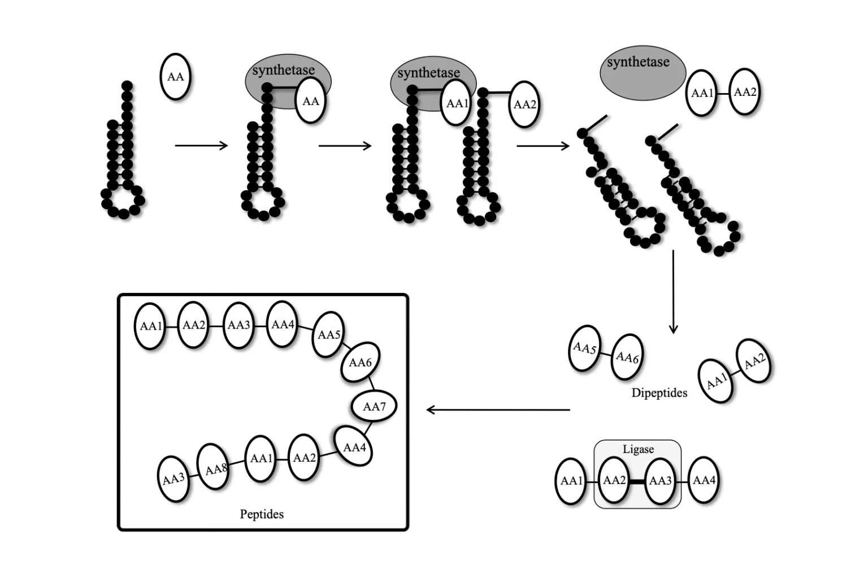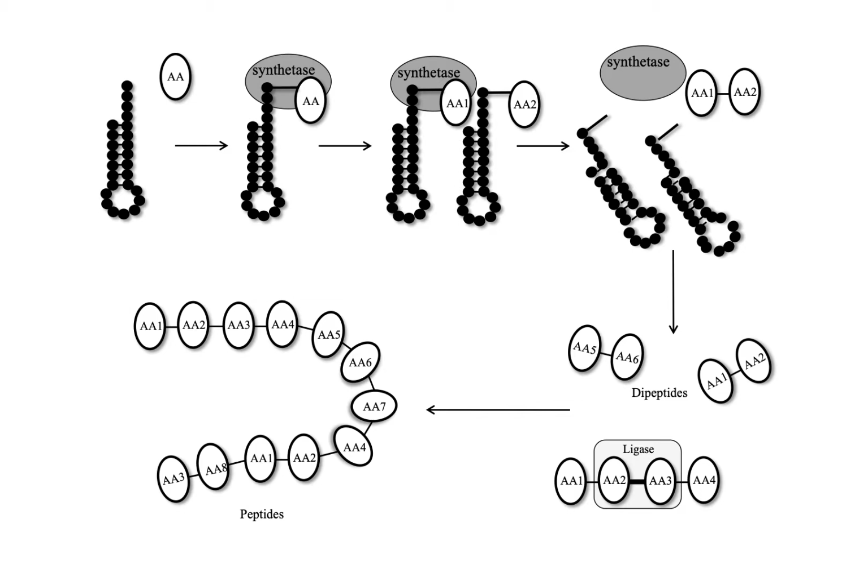And a peptide, again, is a string of amino acids, 50 amino acids long or shorter. So you can see this, depending on how the ligase puts these together, you can have quite a bit of variability in the peptides that are formed.